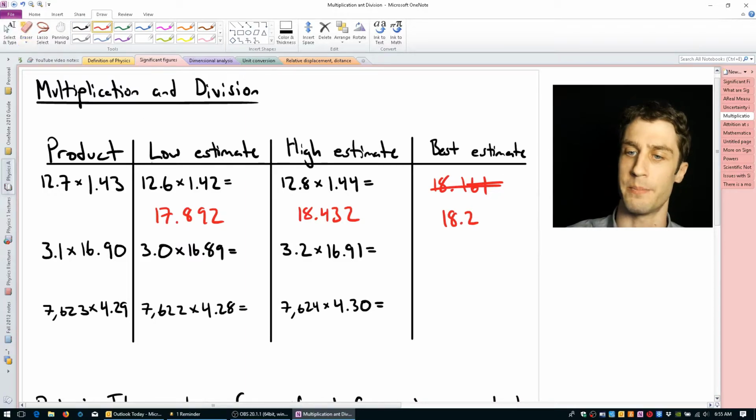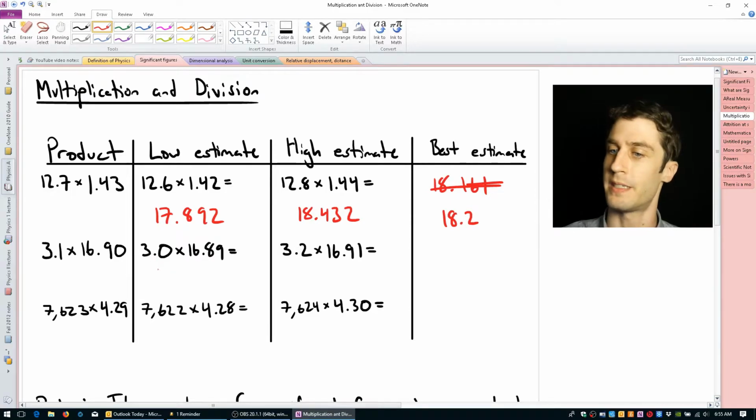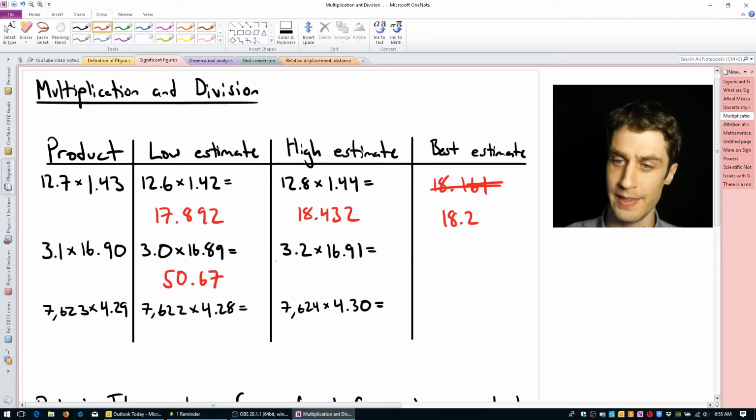Okay, here's another example. 3.1 times 16.90. Well, the low estimate is 3.0 times 16.89, and that is 50.67, according to my calculations. The high estimate, if we round those last digits up, is 3.2 times 16.91.